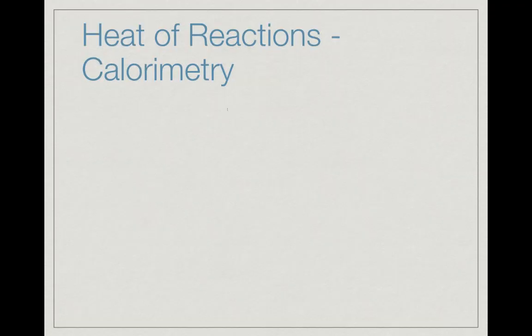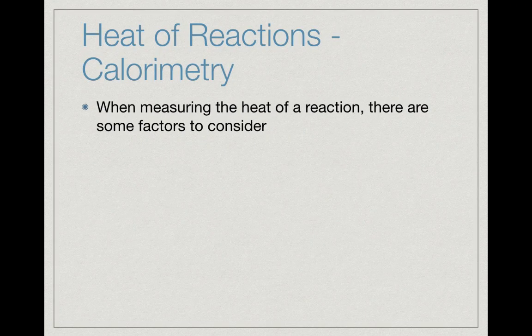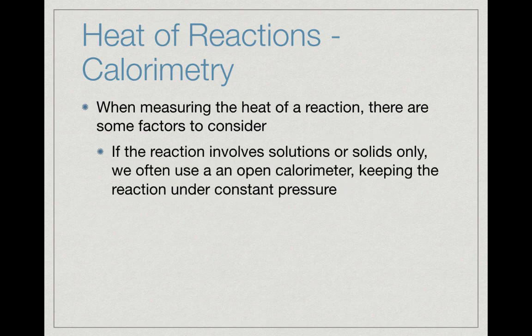Start off today talking about heat of reactions and calorimetry. Now when we're measuring the heat of a reaction, there's some things that we need to make sure that we consider about that reaction, such as if the reaction involves solutions or solids only, we usually use an open container or an open calorimeter, which means that that reaction is under constant pressure.